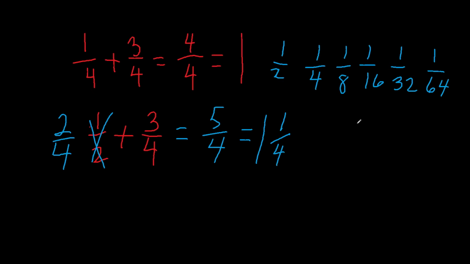But let's just say, for theory's sake, that you wanted to add, what if you had 1/2 plus 2/3? Well, how would you make these two denominators the same? The simplest way is to multiply each side by the same number for your numerator and denominator.